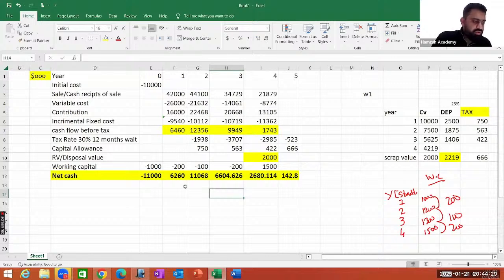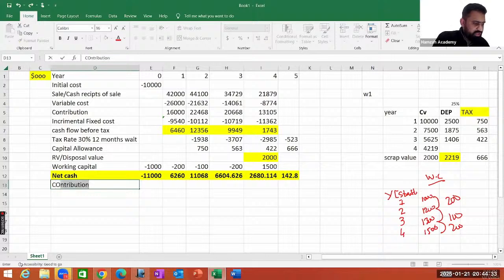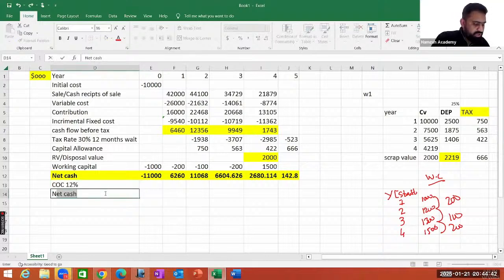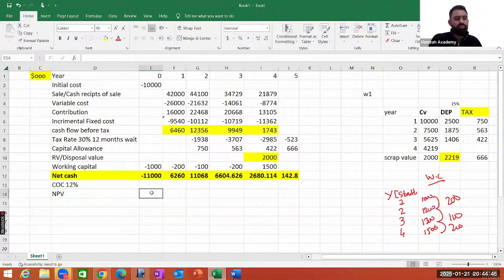Now, let's assume the company's cost of capital is 12%. Now, we need to calculate the NPV, net present value. How will we calculate the net present value in Excel?